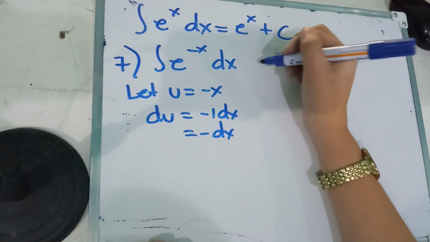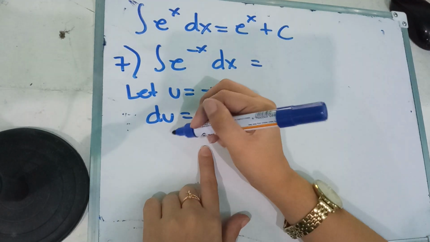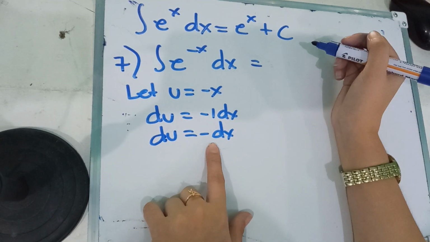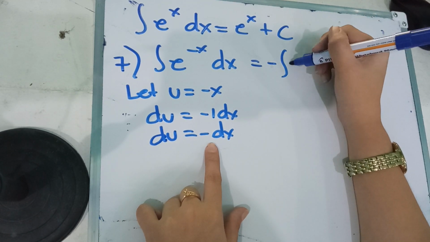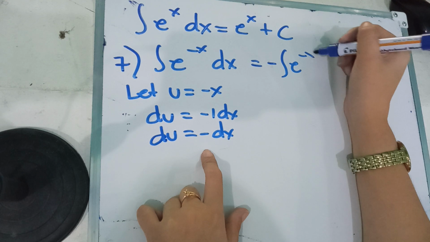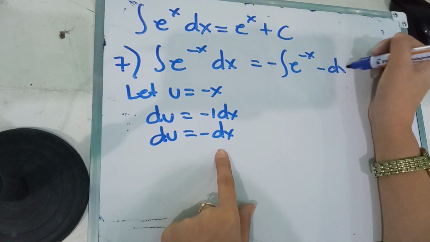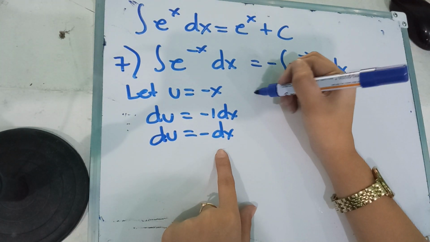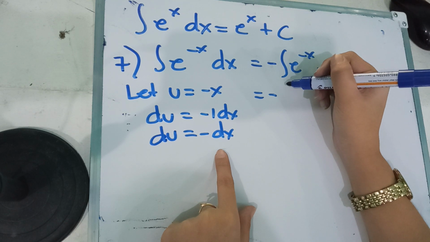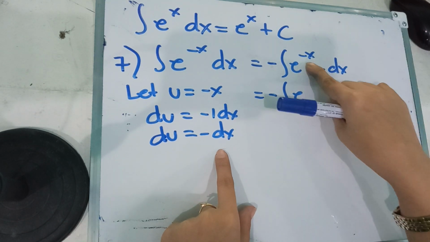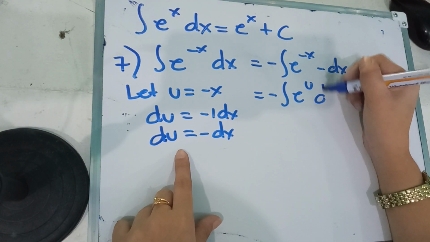Going back to our function, since our du is negative dx, we can put negative 1 outside the integral symbol. That's e to the power of negative x, that will be negative dx. Okay, now substituting, that's negative integral of e, negative x is u, and negative dx is du.